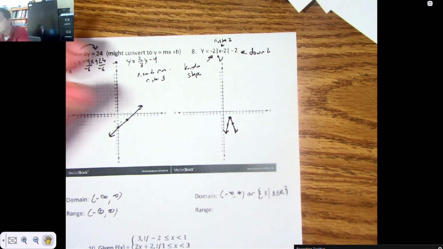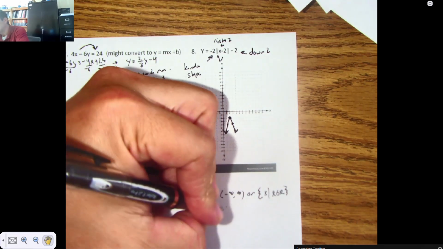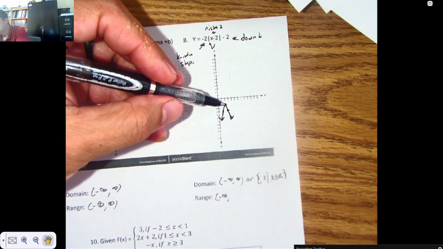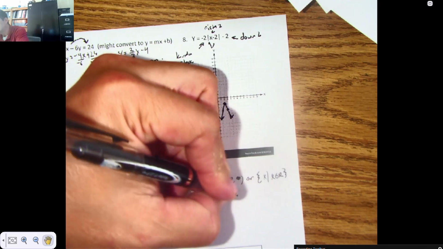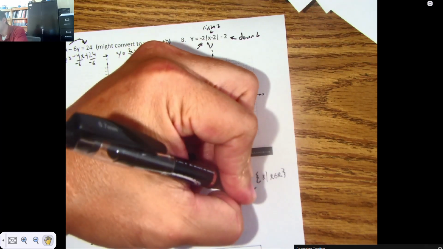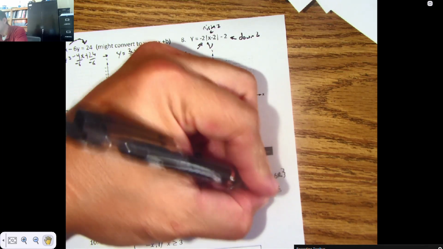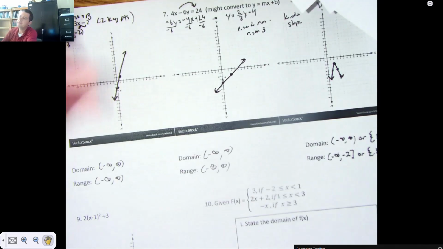The low values of y are down here at negative infinity, and the highest value of y is at negative 2. In set builder notation, all values of y such that y is less than or equal to negative 2. And again, you get to pick your poison, one or the other. Almost done with this little graphing quiz.